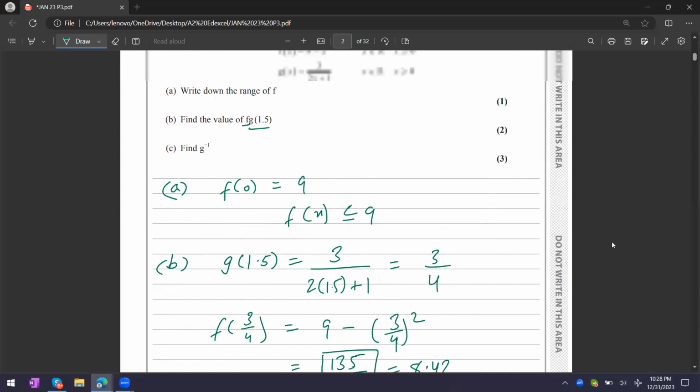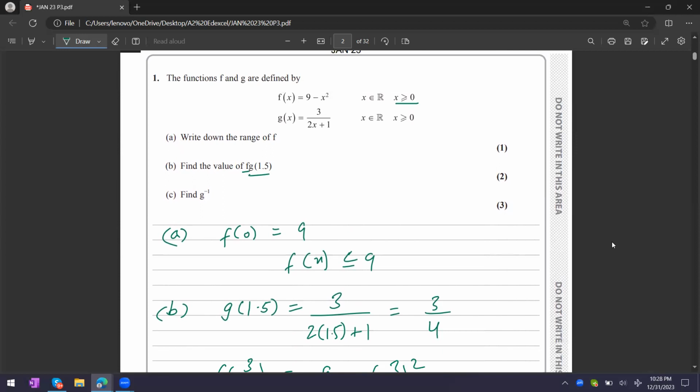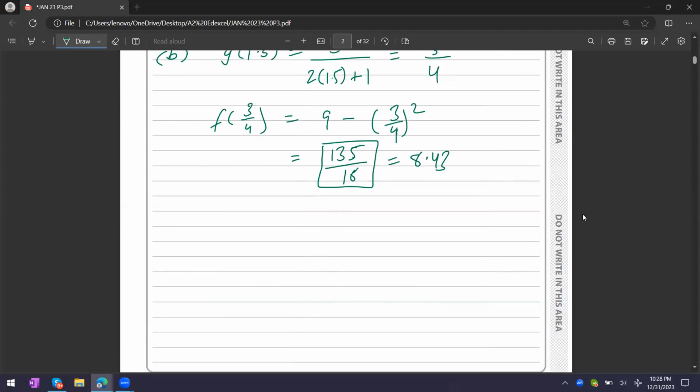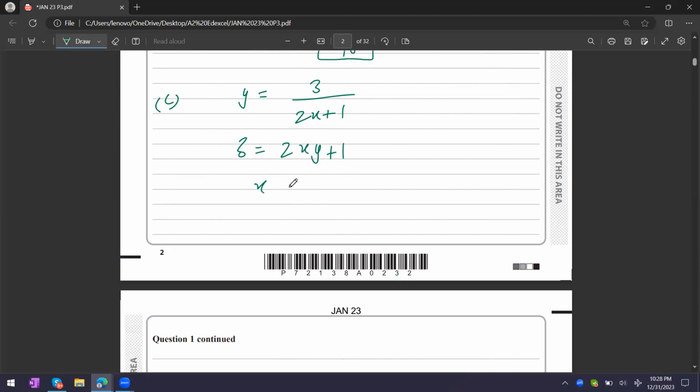Okay, C part, we need to find g inverse. That is also straightforward. Let g inverse be equal to y and then make x the subject. So y is equal to 3 over 2x plus 1. Cross multiply. 3 is equal to 2xy plus y.